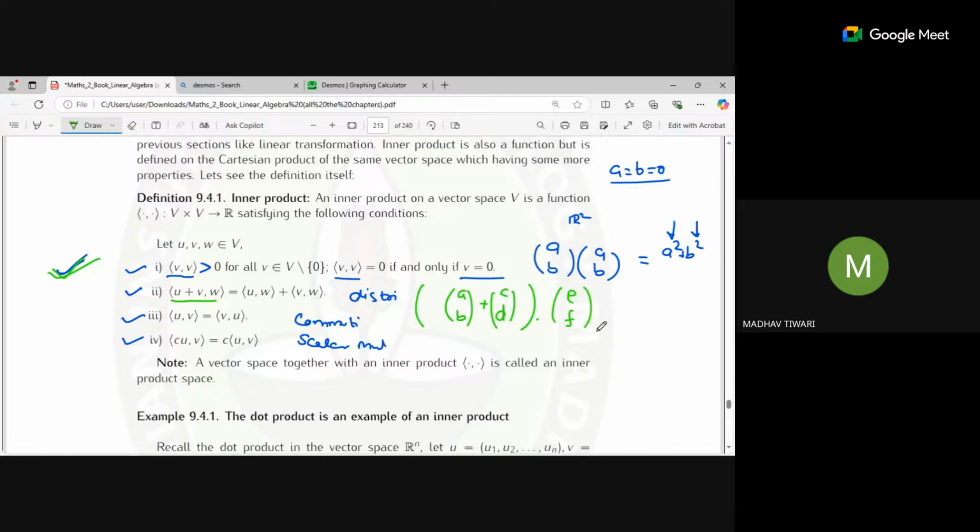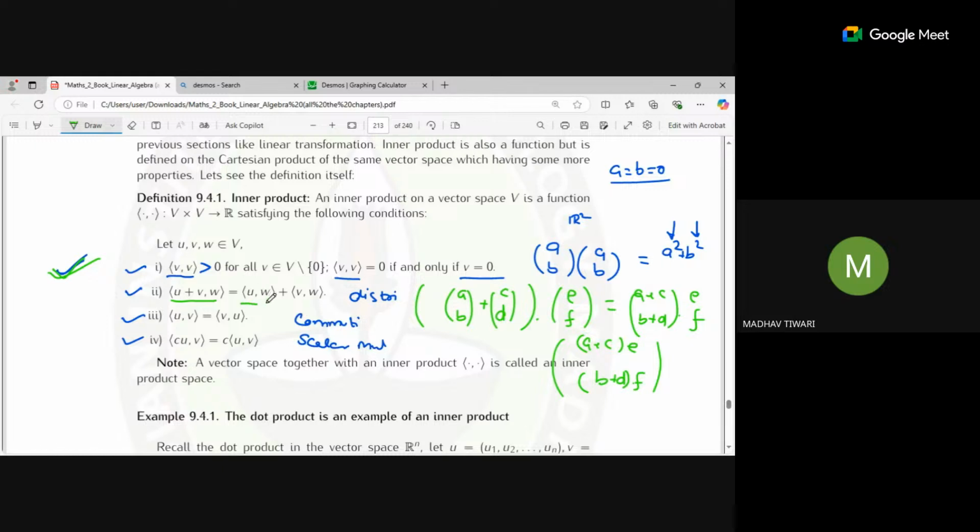So if I add firstly these two, I will get A plus C and B plus D, right? And then if I do the dot product with E and F, what will I get here? (A plus C) times E, and below it (B plus D) times F. Okay, this one I will get, this vector. You can do the multiplication inside as well. Then you will get the answer.